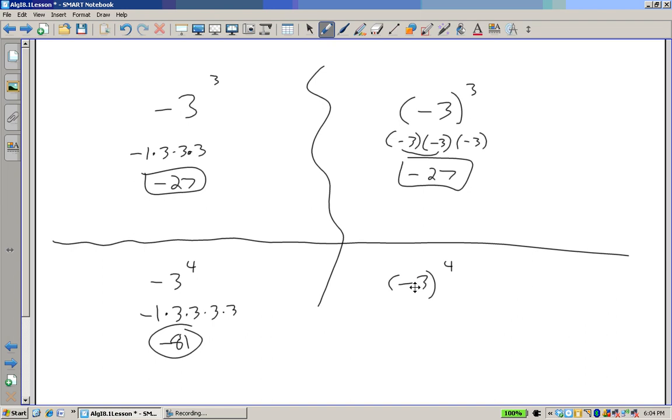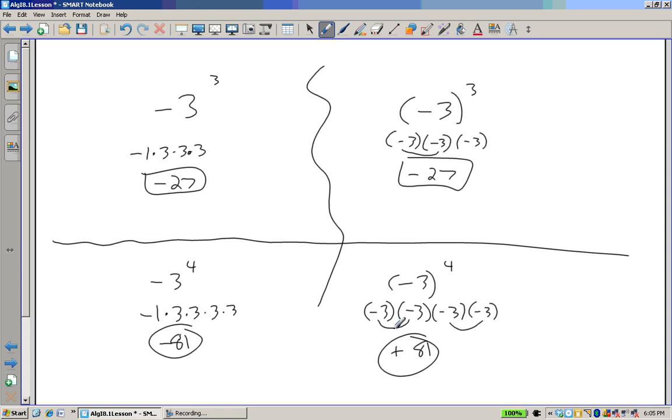But here we have 1, 2, 3, 4 negatives. So negative times negative is positive, negative times negative is positive, or you could just see that it's an even number, whereas here it's an odd number. If it's an even number, we're going to end up with a positive. So again, same thing, 81, but this time it's a positive 81 instead of a negative 81.